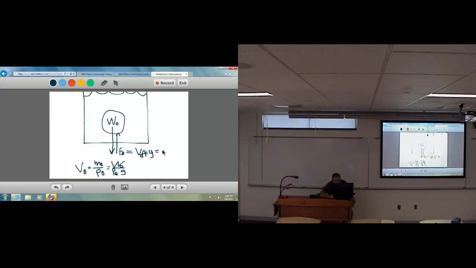We end up with weight W0 rho f g over rho body g. The g's cancel, and this would be the buoyant force if this thing hadn't heated up at all.